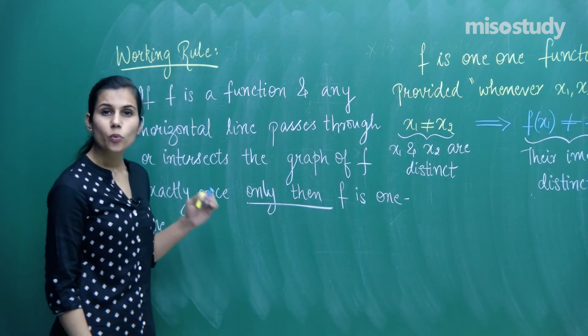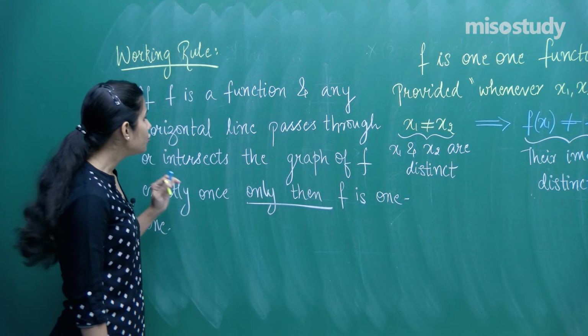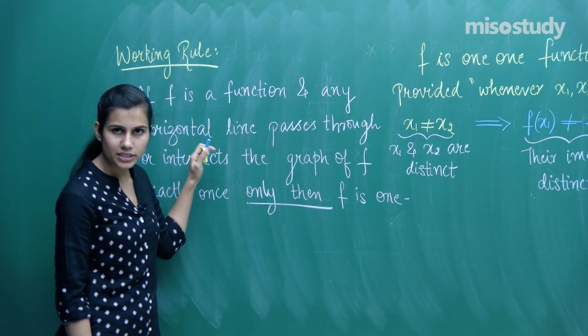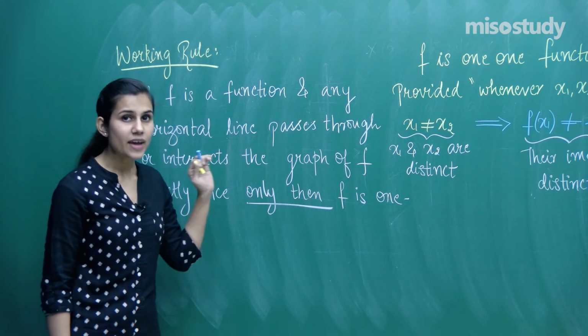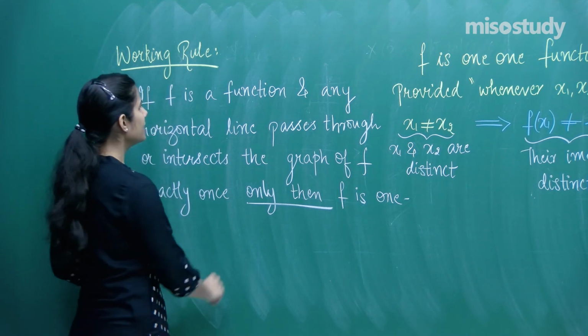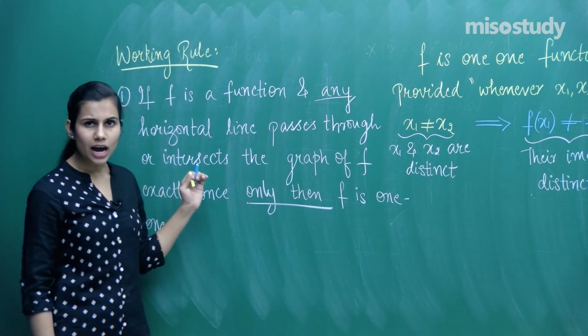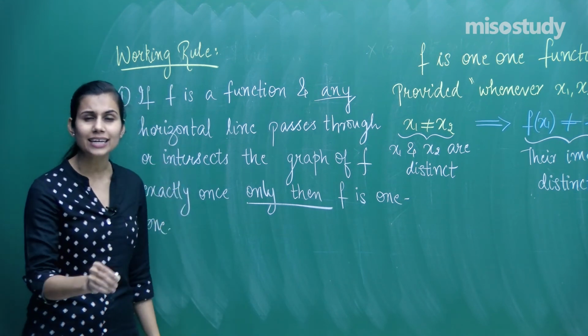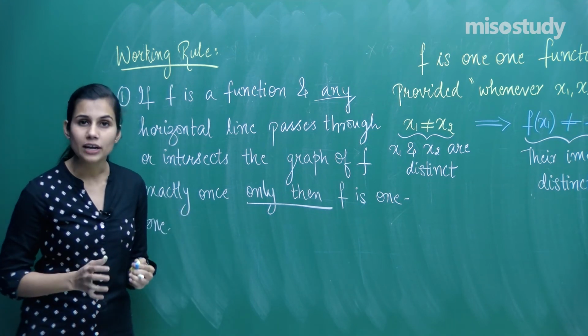That means once you have the graph of f drawn with you, you can pick up any horizontal line that you want and make it pass through the graph. If every horizontal line, that is, any you pick up, passes through the graph or intersects the graph at exactly one point, you declare that function to be 1-1.